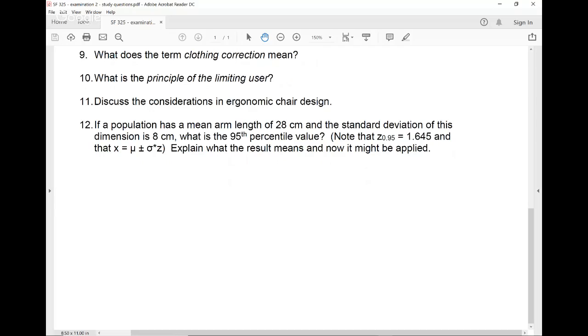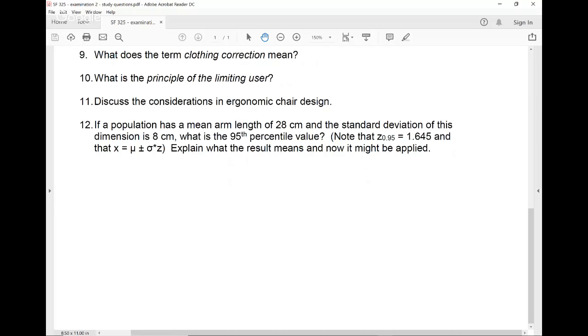And what is the principle of the limiting user? We just barely touched on this. The limiting user is the person that will constrain your design of the workplace the most. So let's say you are designing cockpits and you happen to have a pilot in your airline that is the same as Shaquille O'Neal.